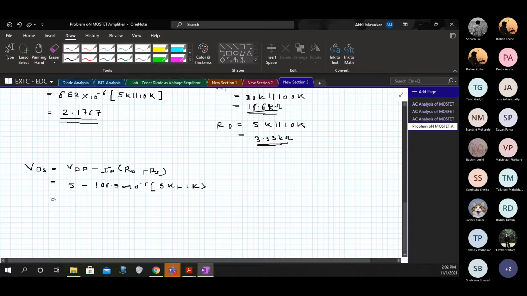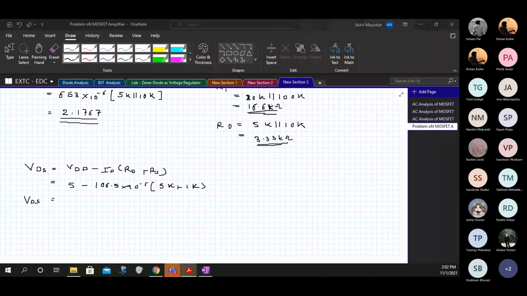So what is the value of VDS? What is the value of VDS?